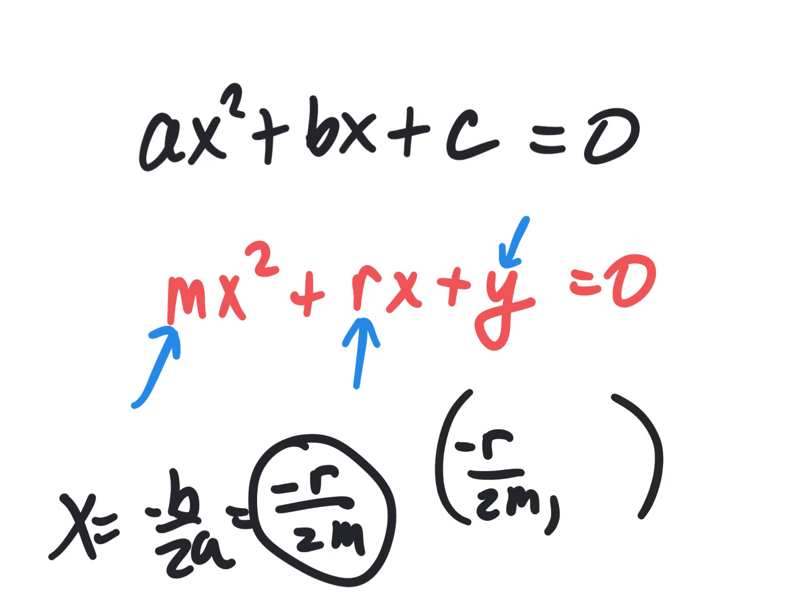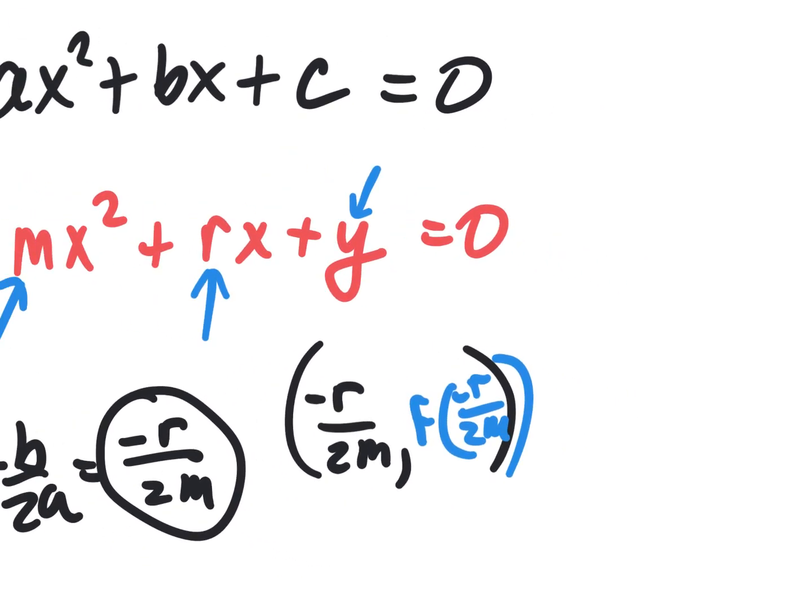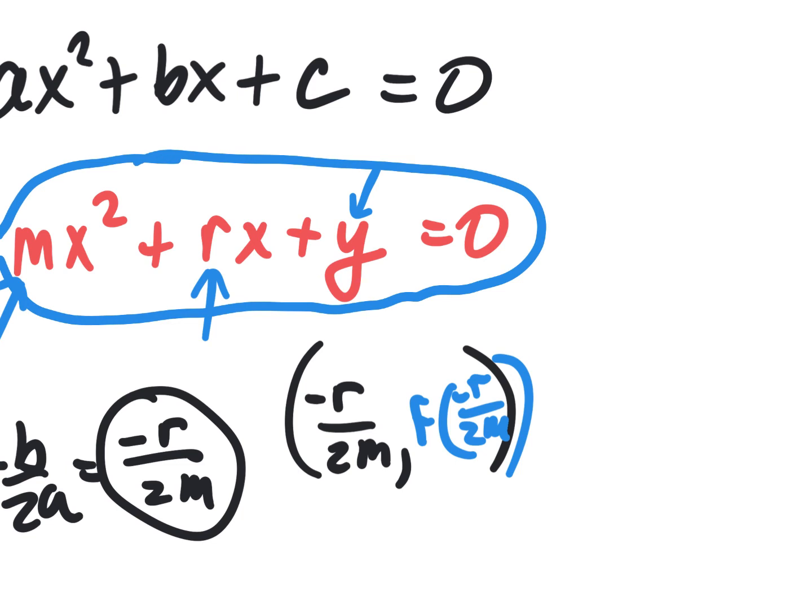So what's the rest of the vertex? I'll pause for a second while you figure out the rest of the vertex. Okay, so what you would do is f of negative r over 2m. Now, I respect it if some of you guys actually took this equation and then stuck negative r over 2m in the x spot, because you're sticking it into the equation.